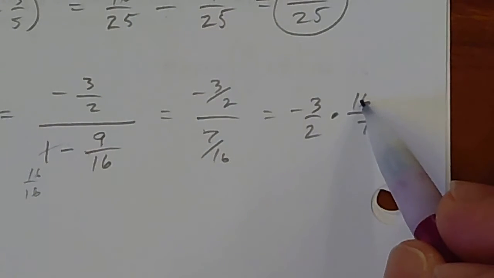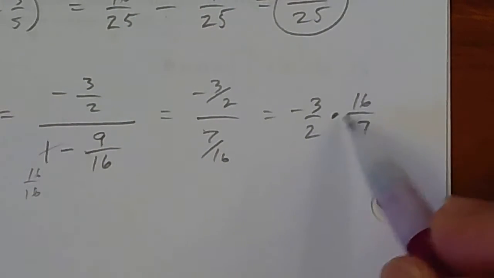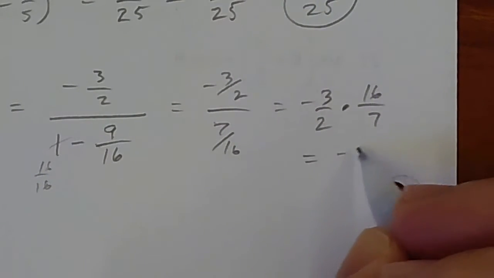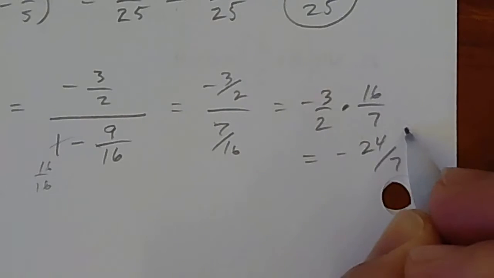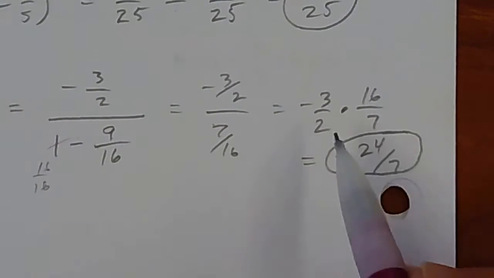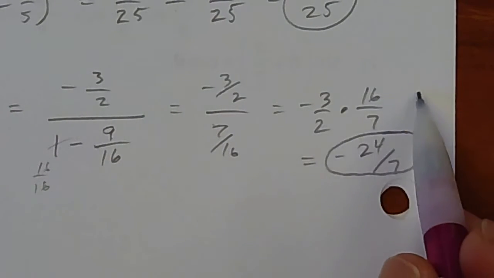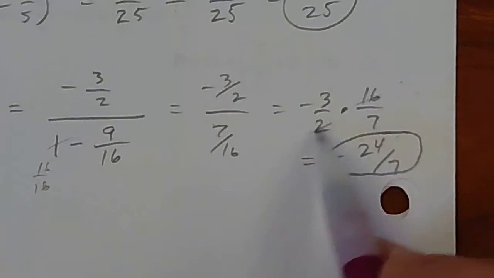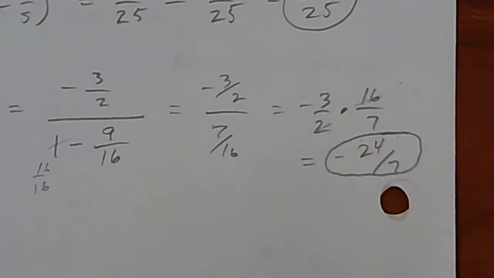So that gives me 8. 24 over 7. Negative 24/7 is the answer. Okay, yeah, maybe if you multiply straight across, you get 48 over 14, but then that can be reduced. I just reduced the 16 over 2 right now.